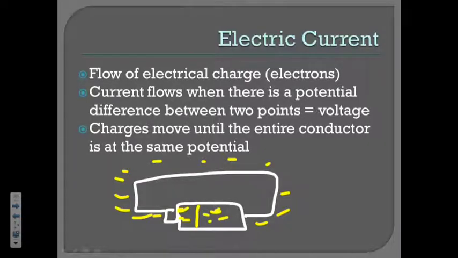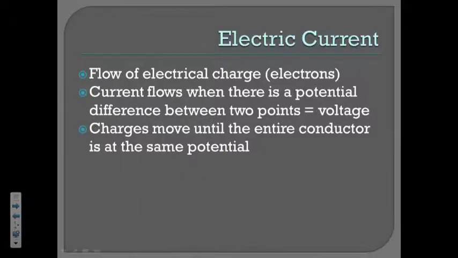That's when your battery is dead, and the battery has become neutrally charged all the way through. So charges move until there's the same potential everywhere. That means there's the same amount of electrons everywhere, and everything is neutrally charged. That's when the charges stop flowing, and that's when your battery is dead.